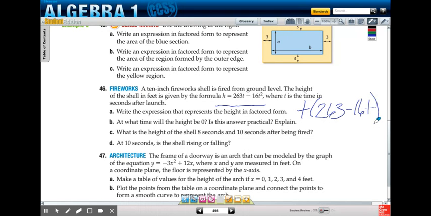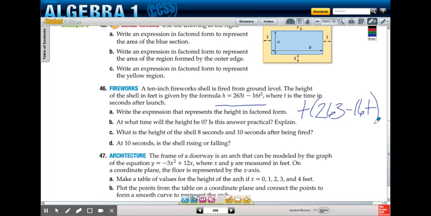At what time will the height be 0? And then you have to figure out what the time will be when the height is 0. So guess what?